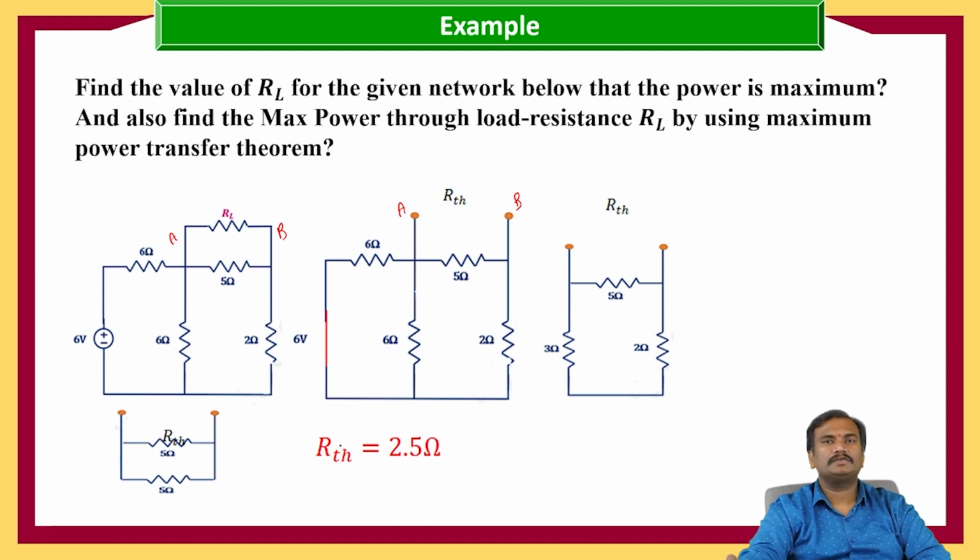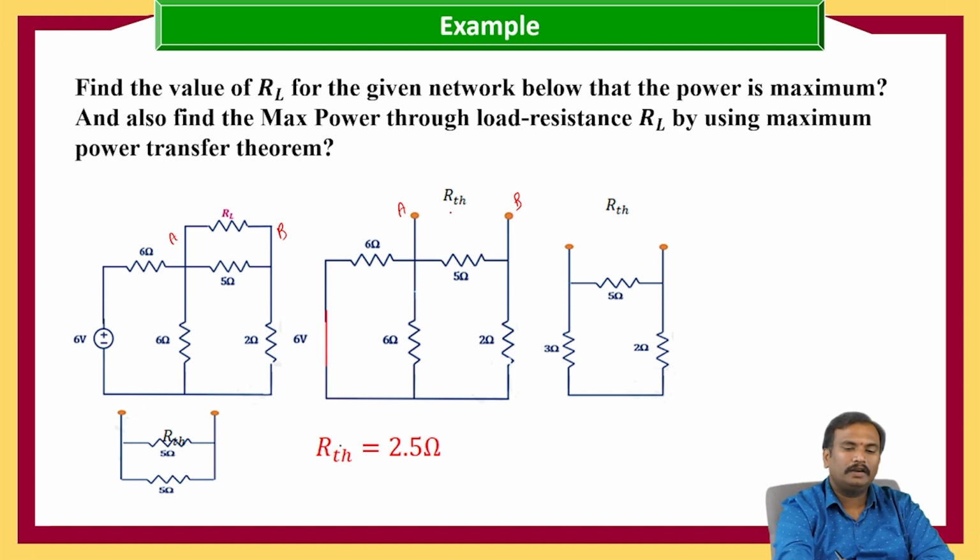If it is a voltage source, it is replaced with a short circuit. If it is a current source, it is replaced with an open circuit. Now it is a voltage source, so it is short circuited, and we have a 6 ohm resistance, another 6 ohm resistance, 5 ohms and 2 ohms. Here the load resistance is open circuited. Now we need to calculate the R_TH between these two terminals.